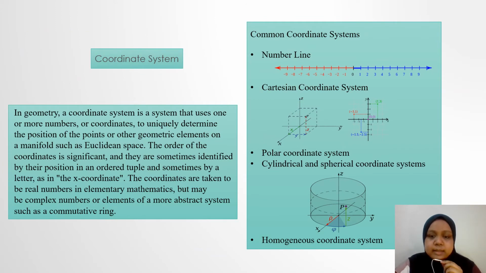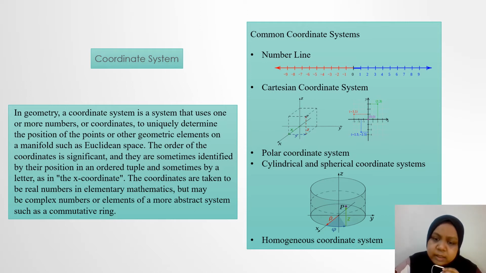Next is coordinate system. In geometry, a coordinate system is a system that uses one or more numbers, or coordinates, to uniquely determine the position of points or other geometric elements on a manifold such as Euclidean space. The order of coordinates is significant, and they are sometimes identified by their position in an ordered tuple and sometimes by a letter, as in the x coordinate.